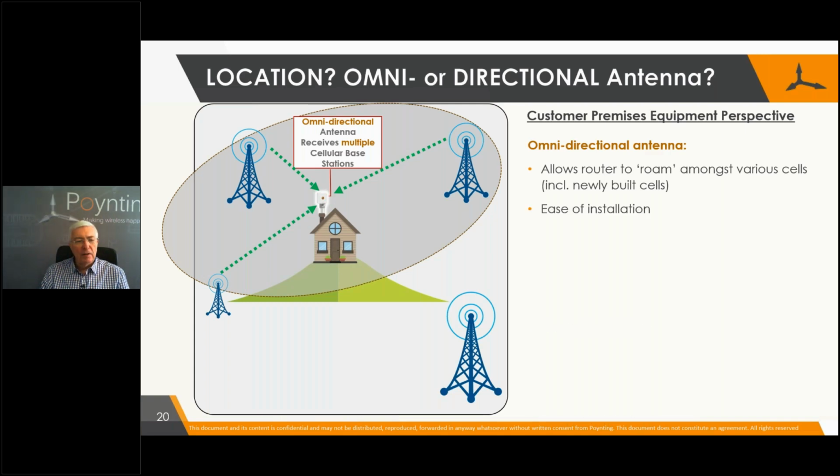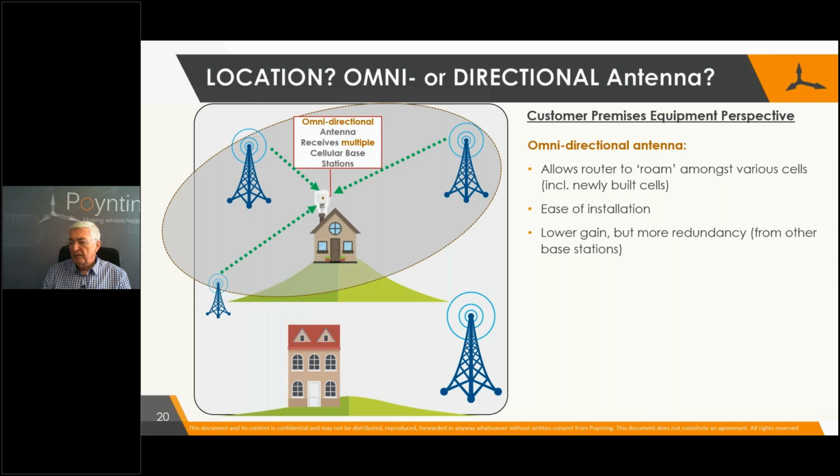An omnidirectional antenna is relatively easy to install because you don't necessarily have to direct it towards a particular tower. You just need to place it nice and high so that it can receive signal from all the towers around you. And the ability to get a signal from many towers around it negates the fact that it may have a little less gain than the other antennas, and we'll have a look at the importance of that.